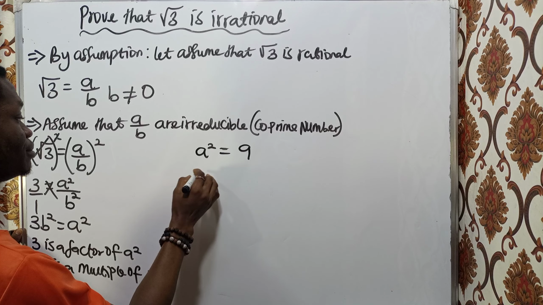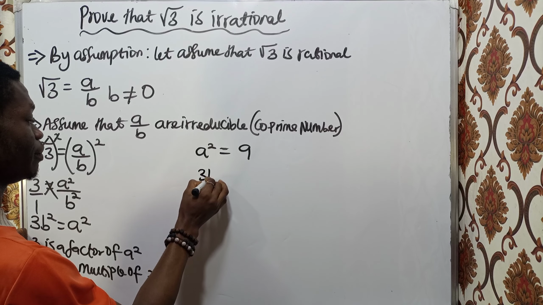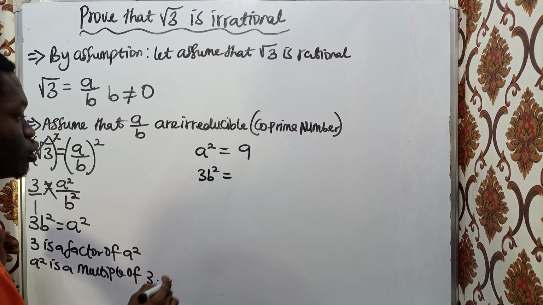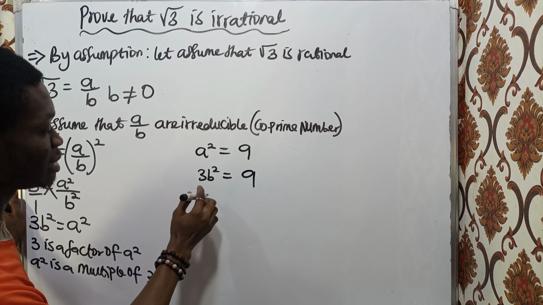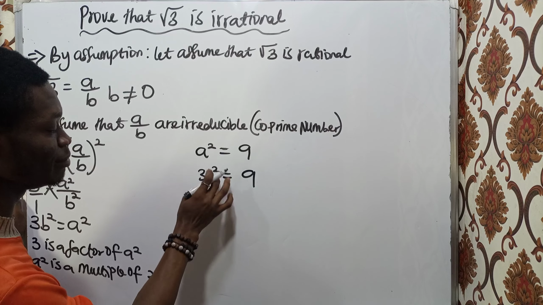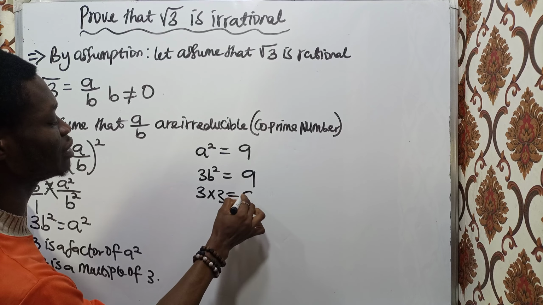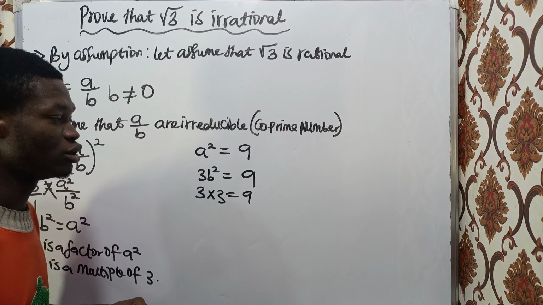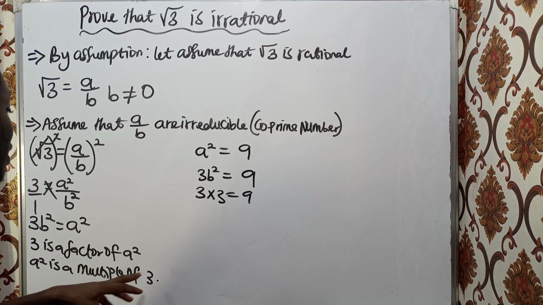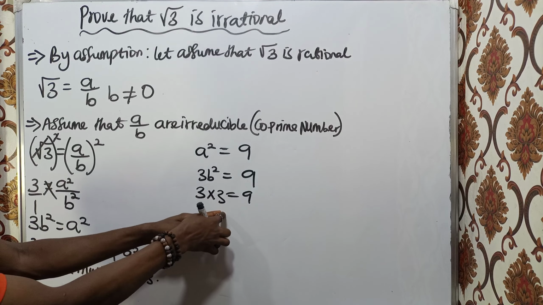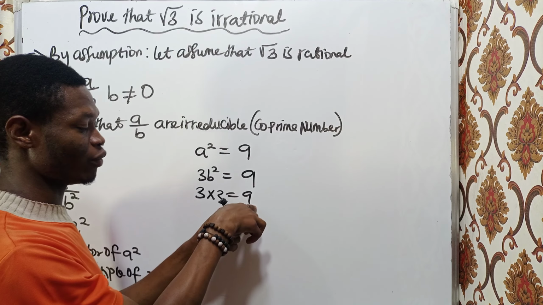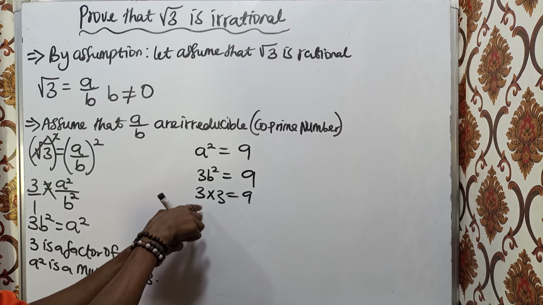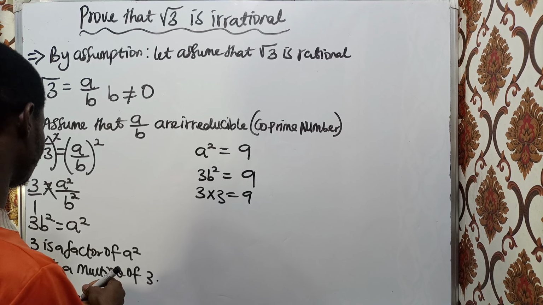So I'm having 3b squared equal to 9. So this implies that 3 times b squared is 9. 3 times 3 will give us 9. So now it shows that b squared is equal to 3. Therefore, it shows that 3 is a factor of 9. And 9 is a multiple of 3.